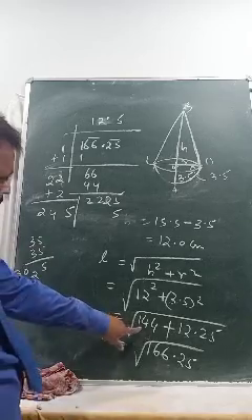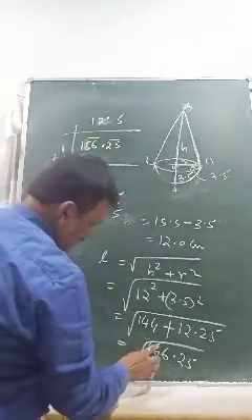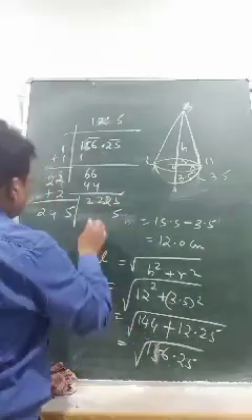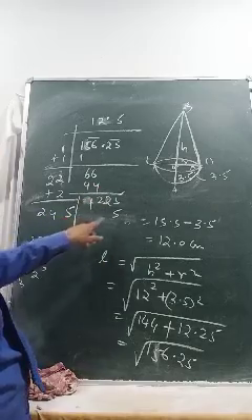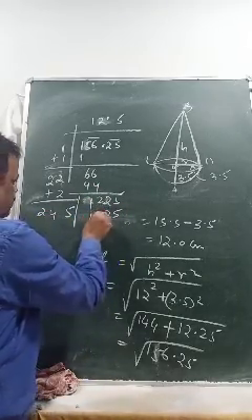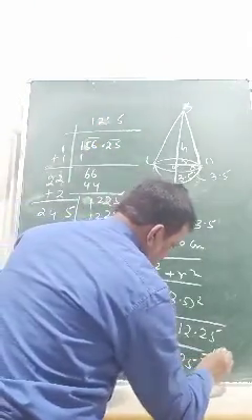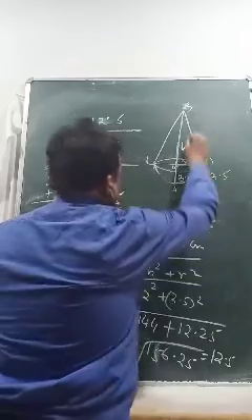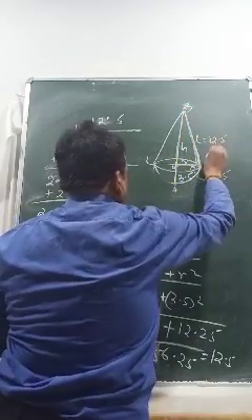Actually, it is 156, we made a mistake here. This is 156. So it goes with 5: 5 5s are 25, 5 2s are 10 plus 2 is 12. So we got 12.5. L is 12.5.